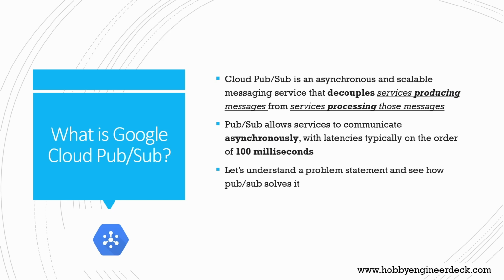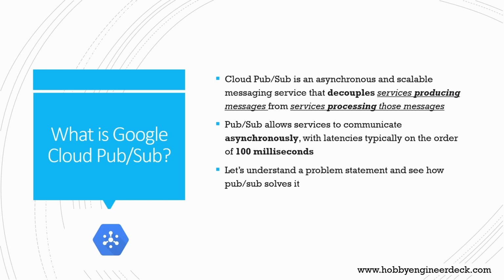We can simply couple all of them and send messages across, but there will be many problems in that. That is why Google Cloud PubSub or messaging services are used as a decoupling mechanism between these kinds of microservices. PubSub allows services to communicate asynchronously with very low latencies of around 100 milliseconds.